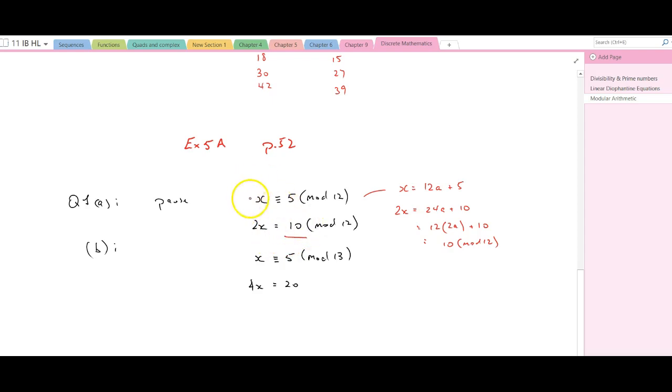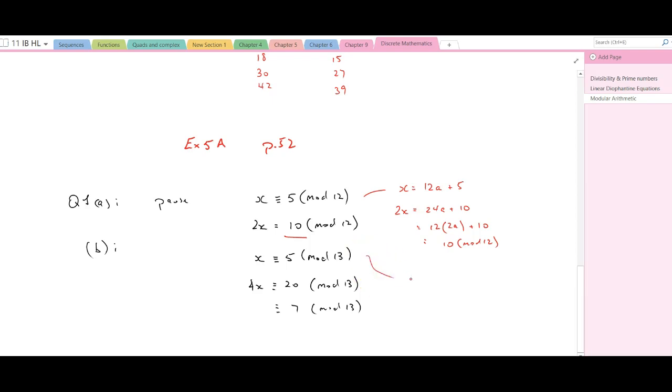So if we're multiplying one side, you can multiply the other. So then 4x gives us 20 here, mod 13. So using that same ruling, 20 mod 13 is equivalent to 7 in mod 13. So if x is 5 in mod 13, then 4x will be 20 or 7 in mod 13. Same logic as over here.